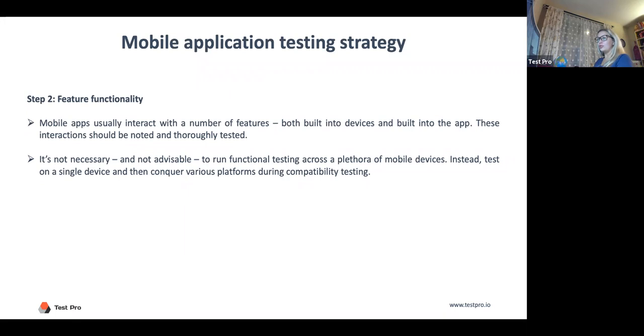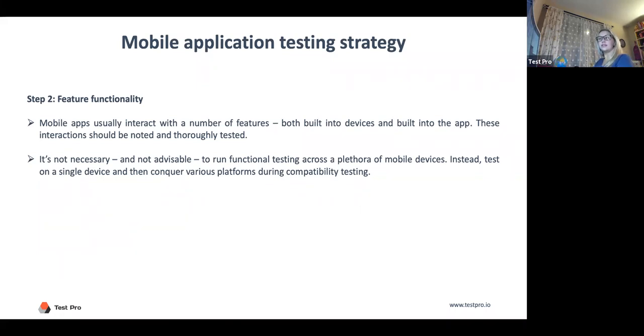You're supposed to figure out all the functions, like switching from your application camera to the native camera or the opposite, the same with audio. That's an example. You're supposed to note and truly test this interaction.